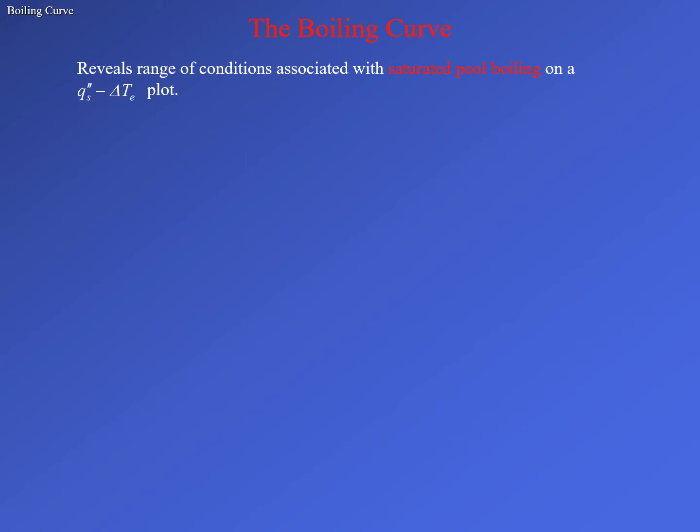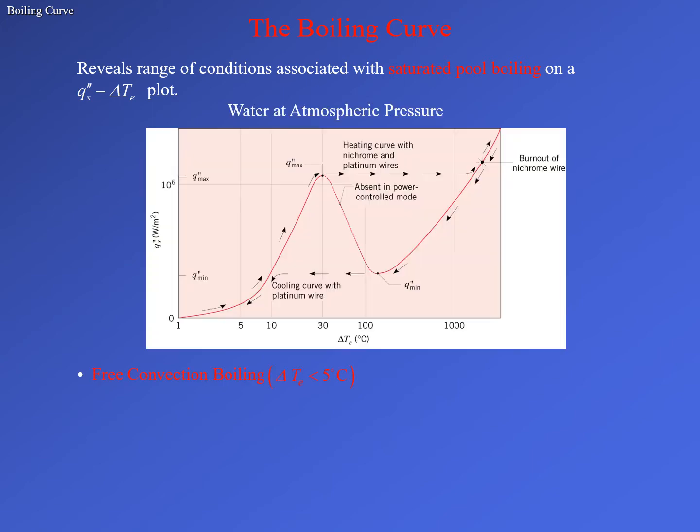Remember, Newton's law of cooling is just a law. You can't obtain it from first principles. So this Newton's law of cooling helps us define our heat transfer coefficient. So for that we have to understand the behavior of the heat flux as a function of the excess temperature in real situations.